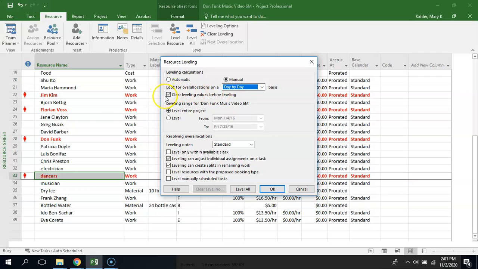And we want to make sure that Clear leveling values before leveling is checked on. And then under the range, we want to level the entire project. For some situations, you might only want to level during certain times, but for us, we're going to level the entire project.